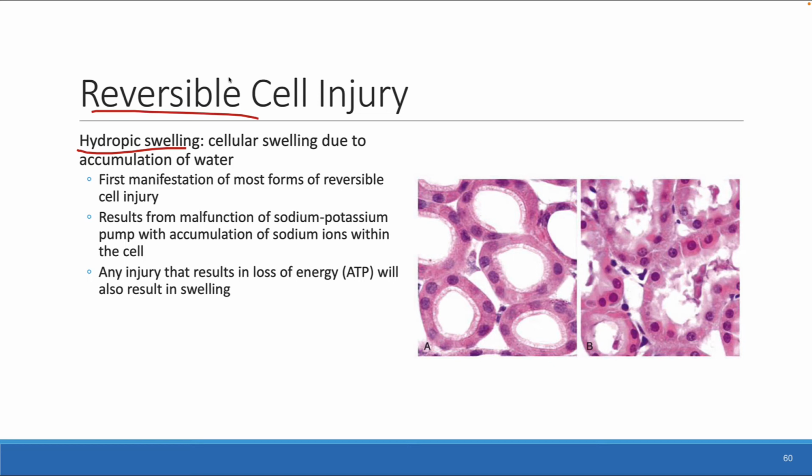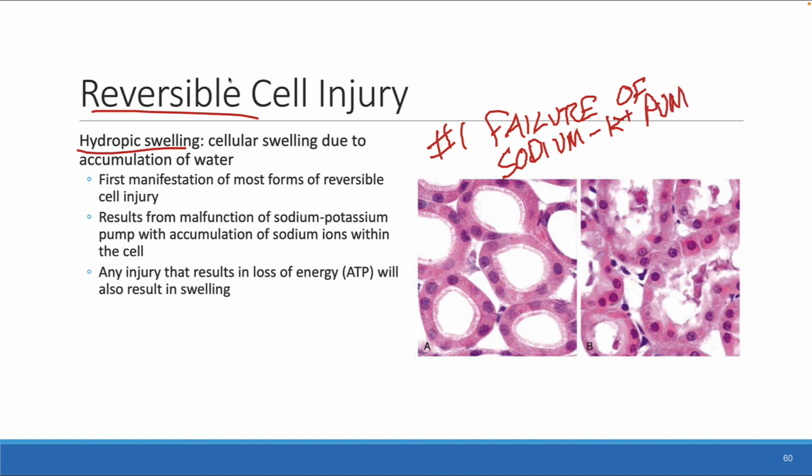The first thing that happens in this cellular injury is failure of the sodium potassium pump. Okay? That's the first thing that happens. And when that happens, you have increase of water going right in. Water just shoots right into the cell.